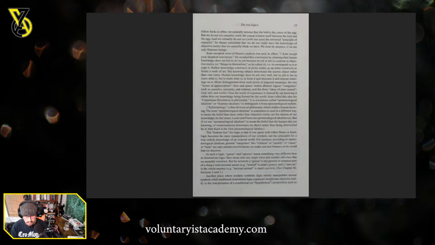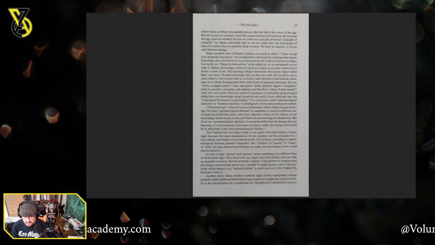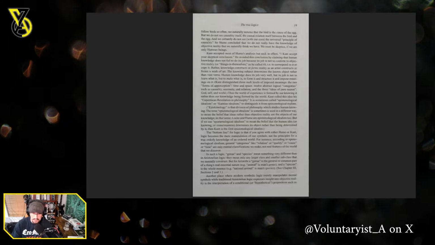But for Aristotle, a genus is the general or common part of a thing's real essential nature. E.g., animal is man's genus, and a species is the whole essence, e.g., rational animal is man's species. See chapter 3, sections 2 and 3.